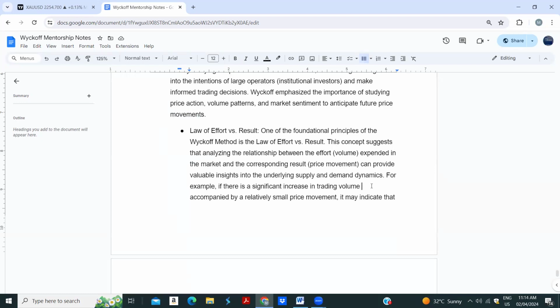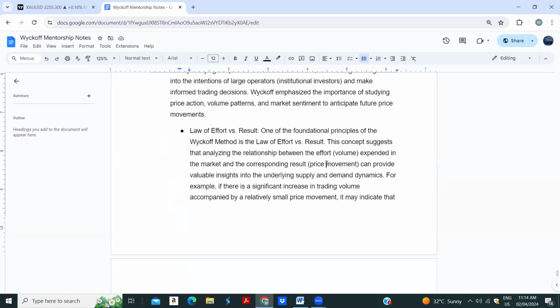In Wyckoff terms, the word effort means the volume, and the word result means the price movement. Remember that effort means volume and result means price movement.